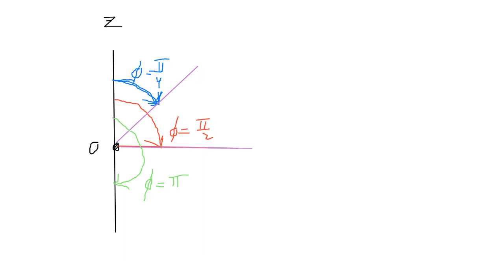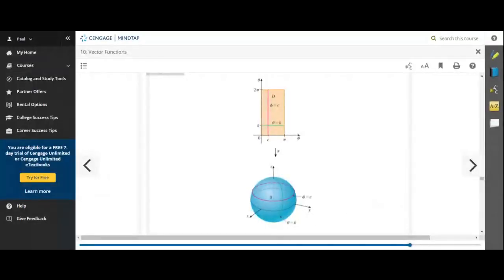So then, if we go to that picture, this blue grid curve, where theta equals k. Theta equals k means you're holding your theta angle constant, but you're letting phi vary.